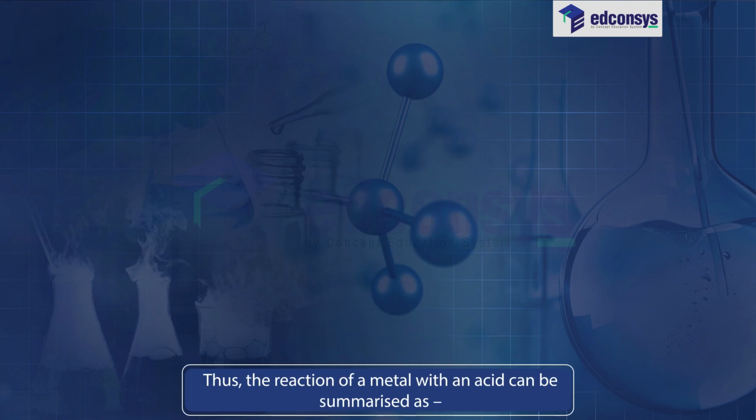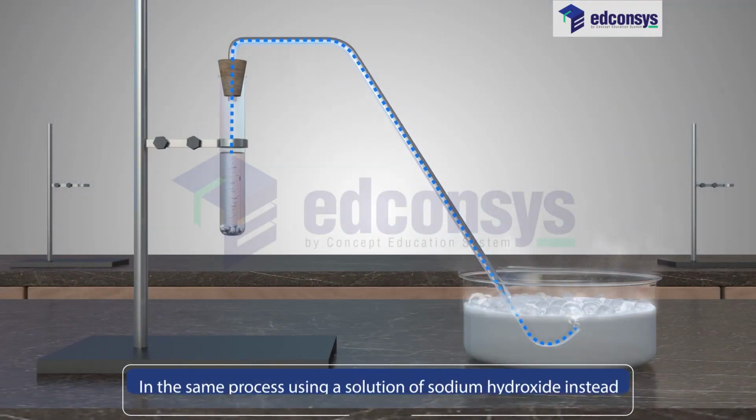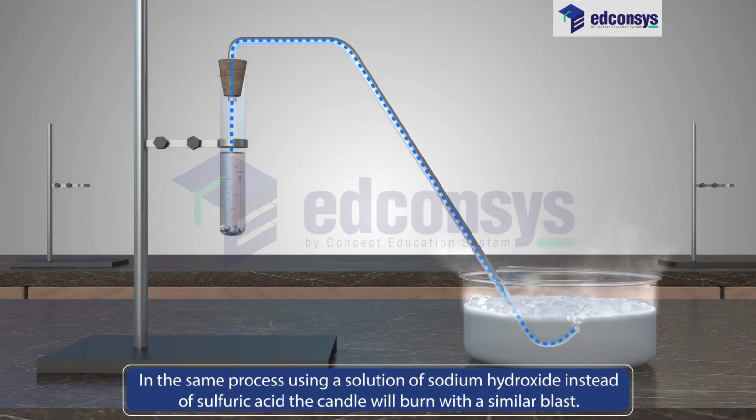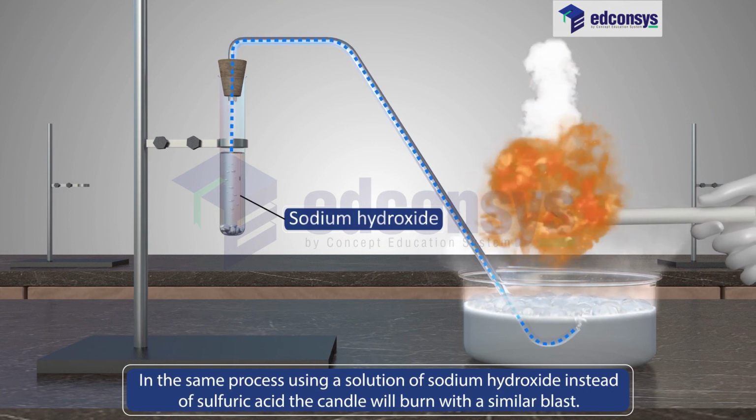Thus, the reaction of a metal with an acid can be summarized as: acid plus metal gives salt plus hydrogen gas. In the same process, using a solution of sodium hydroxide instead of sulfuric acid, the candle will burn with a similar pop.